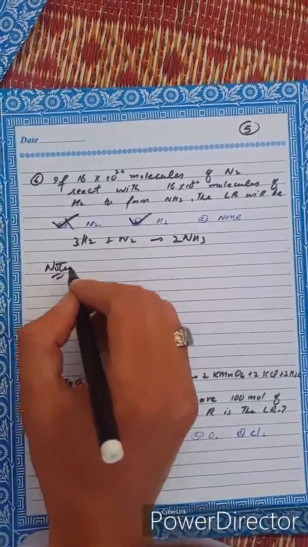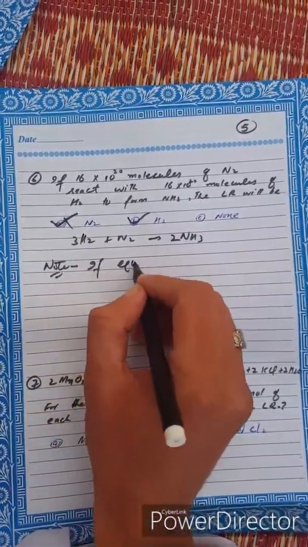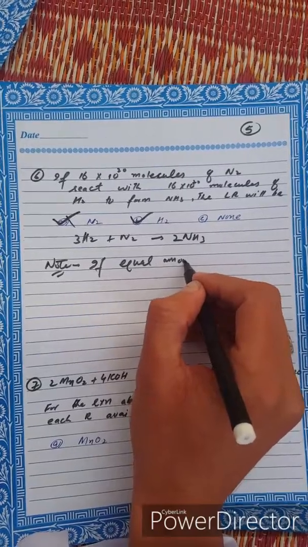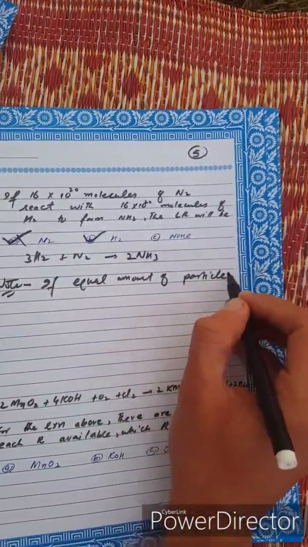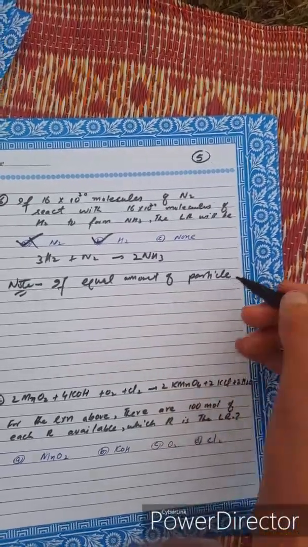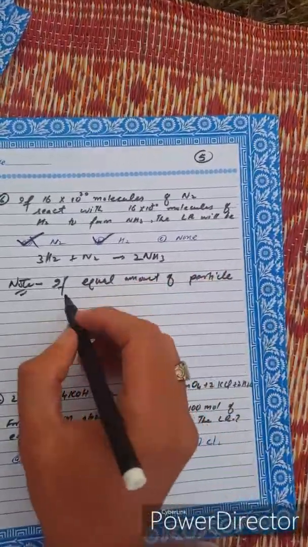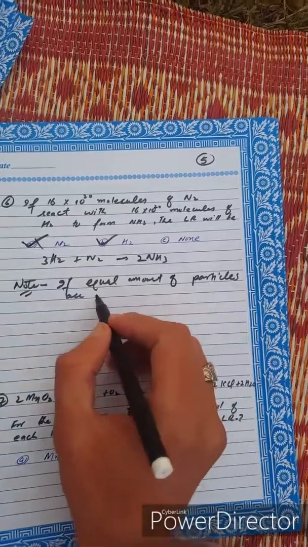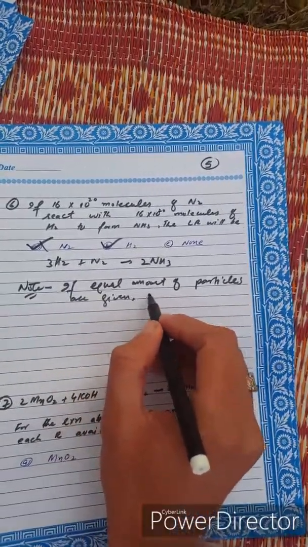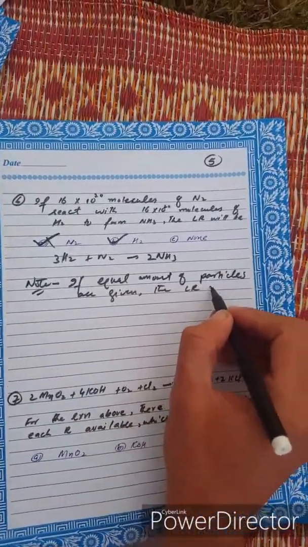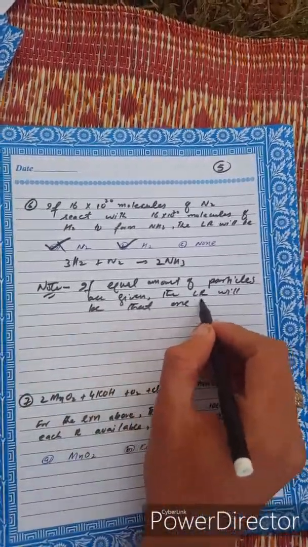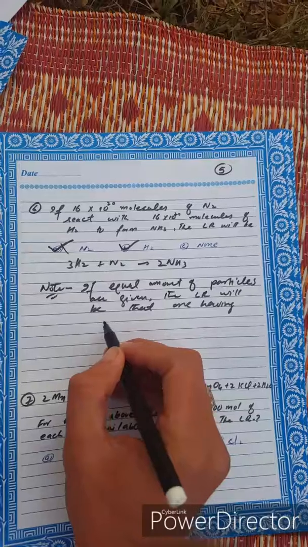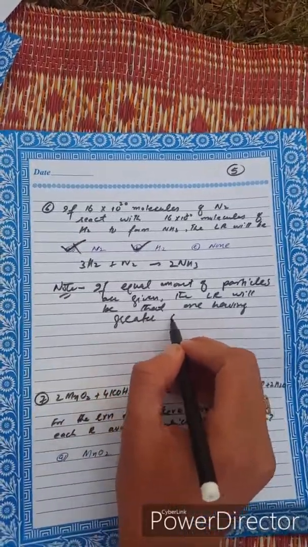So note that if an equal amount of particles, particles meaning atoms, ions or molecules, are given, again the limiting reagent will be the one having the greater coefficient.